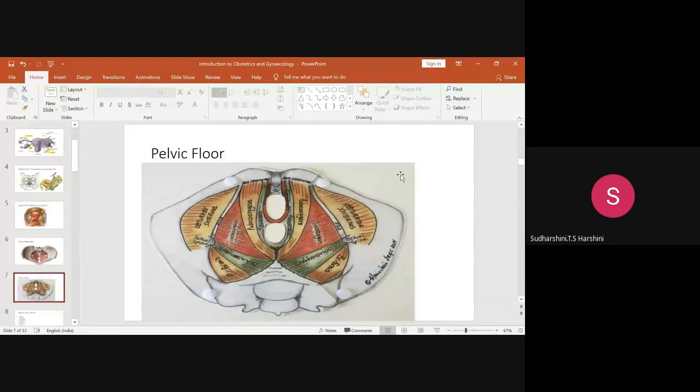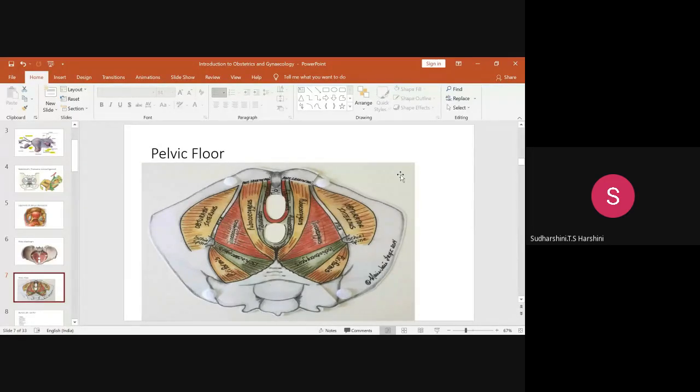So pregnancy as such, and then other factors: multiparity, and then prolonged second stage of labor.